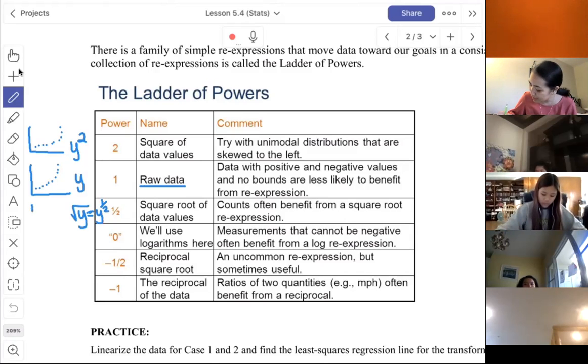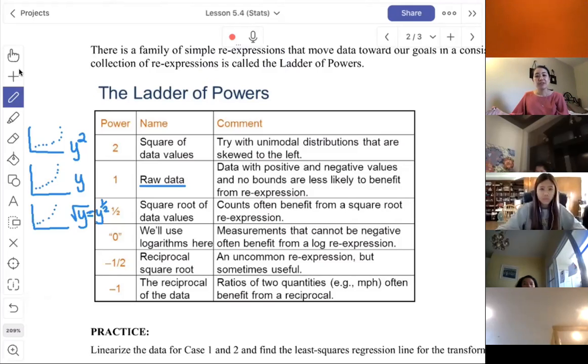Let's say I make the scatter plot, and it's a little less curved, but there still is a curve there. Well, that's a good sign, because that means I went in the right direction, but I'm still not there yet.